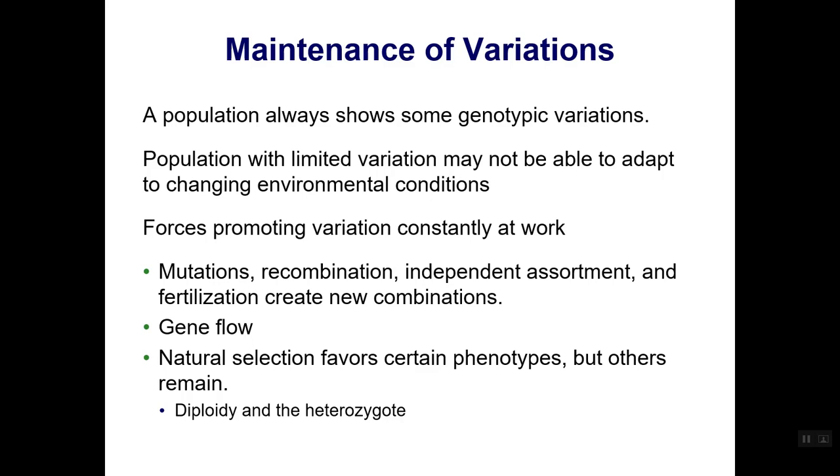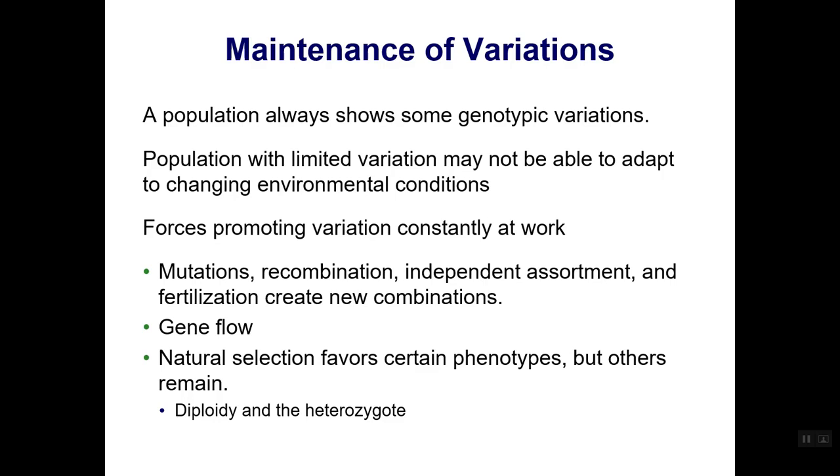There's variation in the initial population if that's the case. Some of them could digest sucrose and some can't. So those that could had more favorable traits for the particular environment that I put them in, which would be the nutrient bed that had the sucrose. So forces promoting variation are constantly at work.